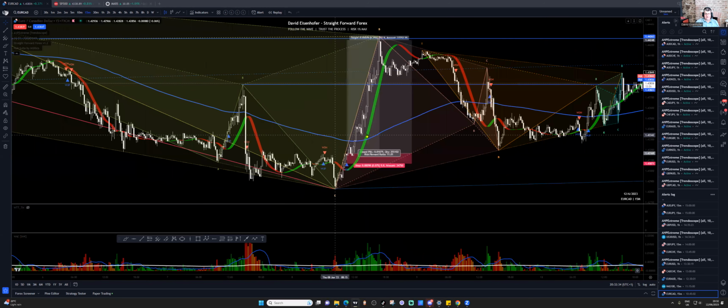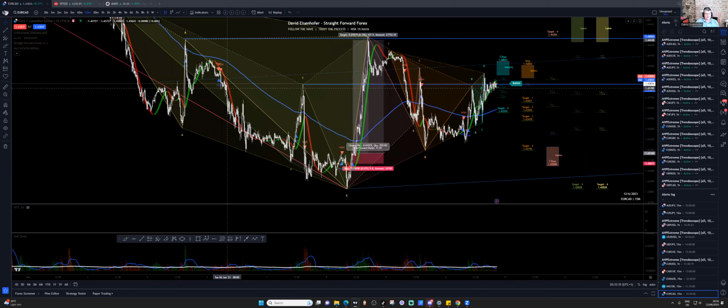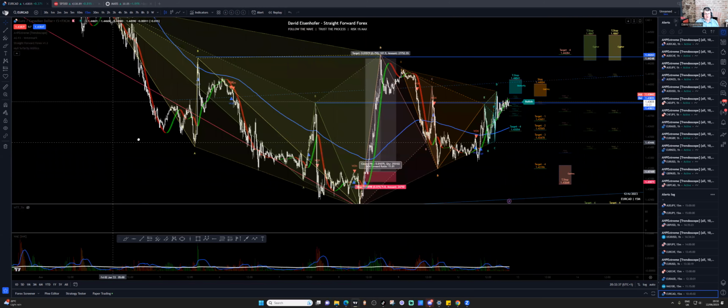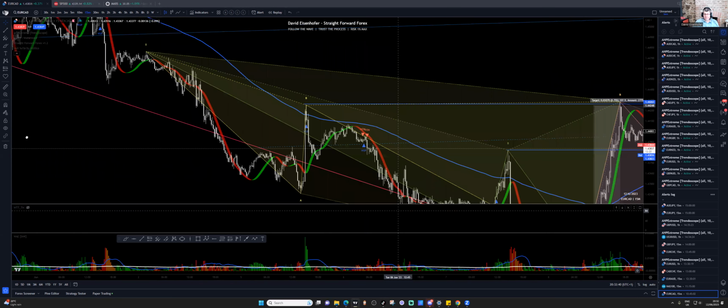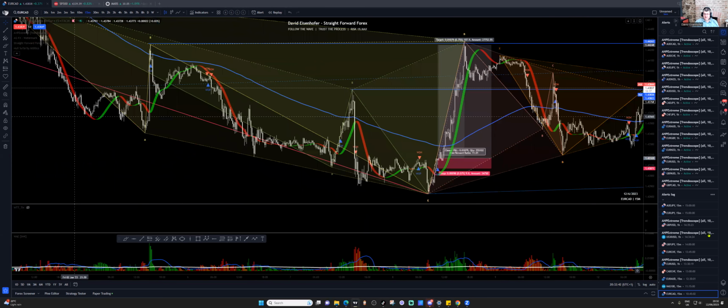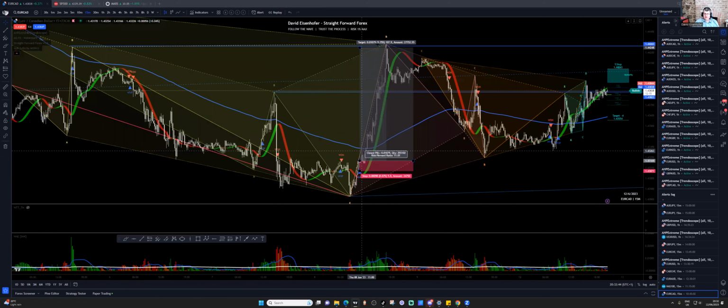And if I scan out, you can see it's a large one. I'm not sure I can get this on the screen. It's about 650 pips, I think it was. So that was a buy, and yeah, duration of the day, as I said, I think in the previous one.